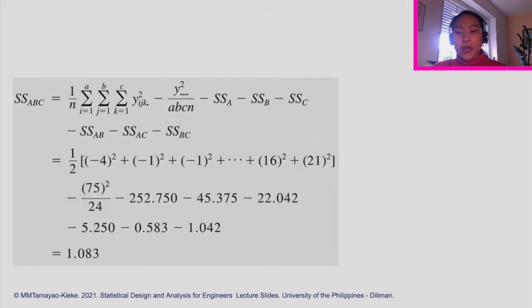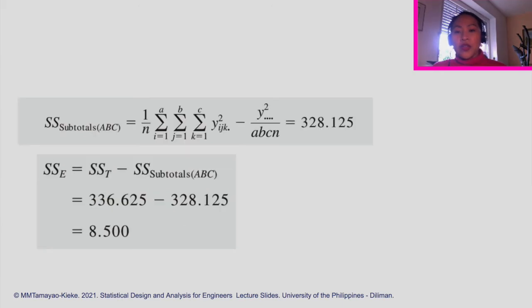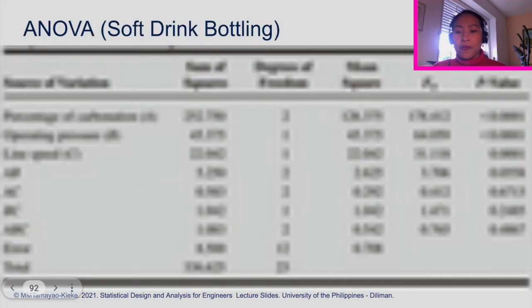You have the BC interaction and the ABC interaction. And then, of course, you have your sum of squares subtotal. This is also an equation that has already been shown. So now you can use that and the sum of squares total to compute the error sum of squares, which turns out to be 8.5.